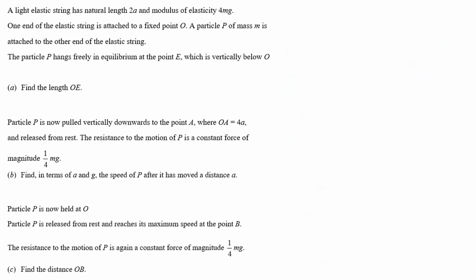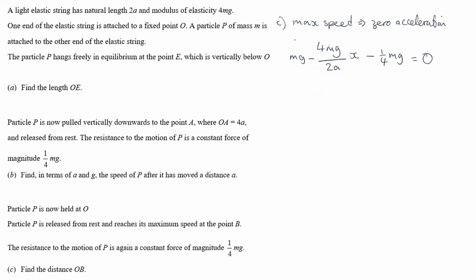Right, particle P is now held at O, right at the top, and it's released from rest and reaches a maximum speed at point B. The resistance to motion is again a quarter mg. Find OB. The maximum speed occurs when there's zero acceleration.